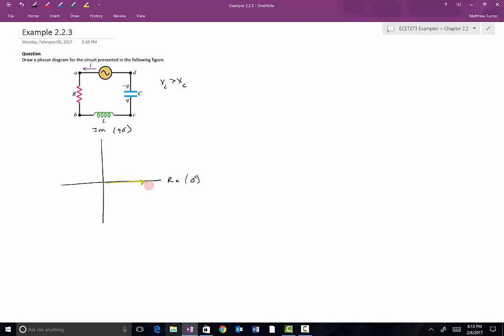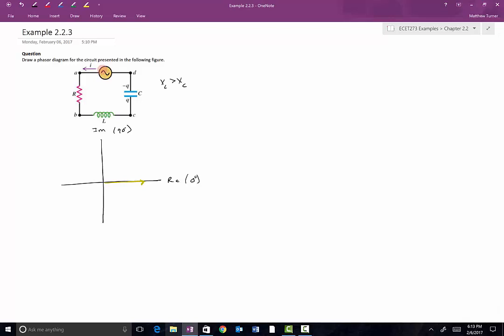So now what we want to know is the nature of the current flowing in here. In the condition that X sub L is greater than X sub C, we know that the inductive reactance is going to dominate. That means the nature of the circuit is inductive, and so we know that the current in an inductive circuit lags the voltage.